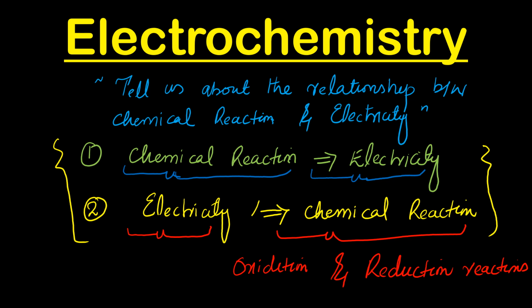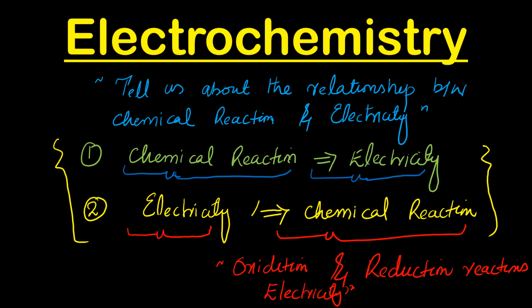The electric charge will flow and they will generate electricity. So in the second way, we use electricity as an external force, by using an external potential or a battery on chemicals, and due to the higher potential of the battery they forcefully undergo oxidation reduction reactions inside the chemicals.